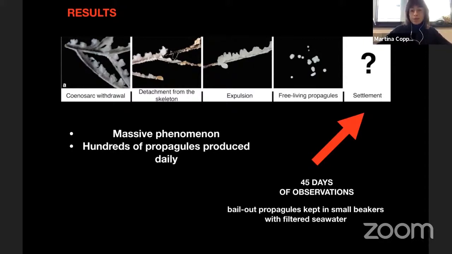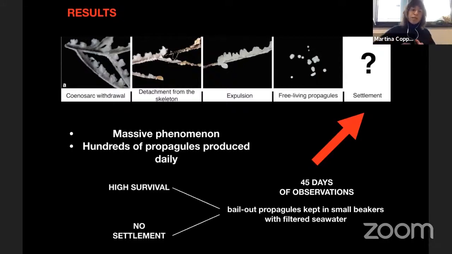This sampling was done in order to observe if the behavior of the propagules changed over time, if they changed their shape, or if they settled. What we observed was that most of the propagules survived, but none of them settled.